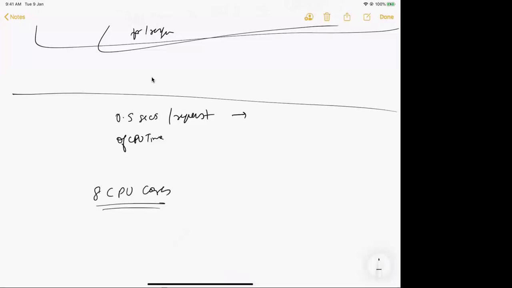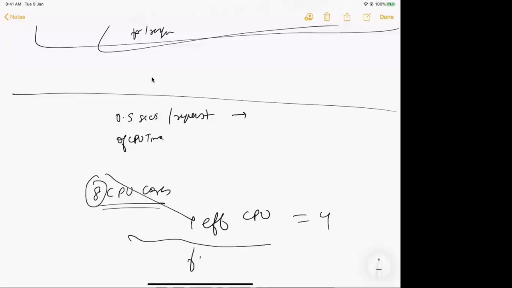But that's a good assumption to make. Okay. If there are 8 CPU cores, you can say that the effective number of CPU cores is going to be 4. Does that make some sense? Why have I reduced this 8 to 4? Because I am factoring in the context switches.